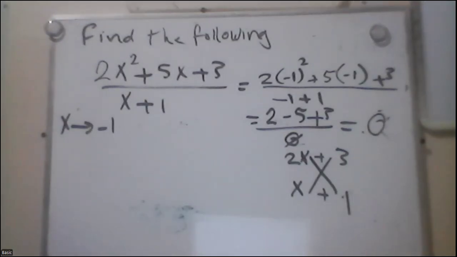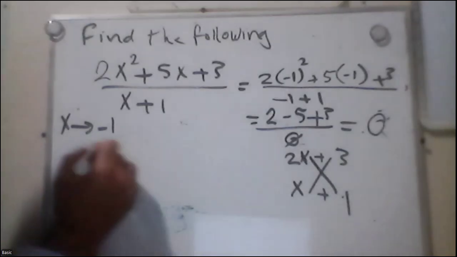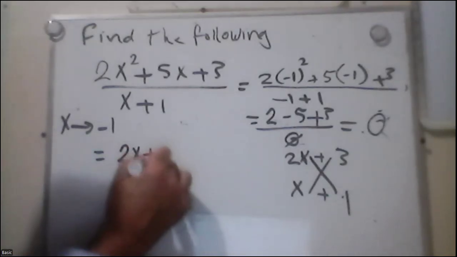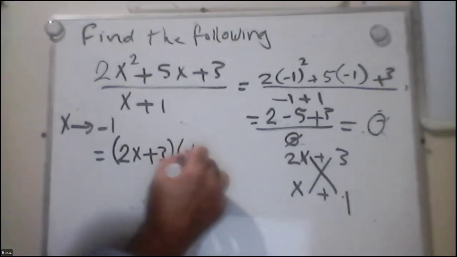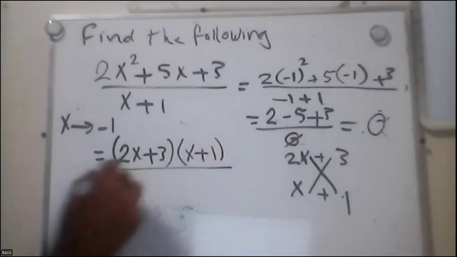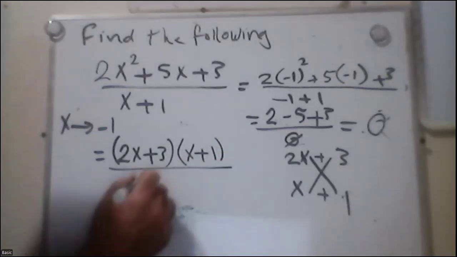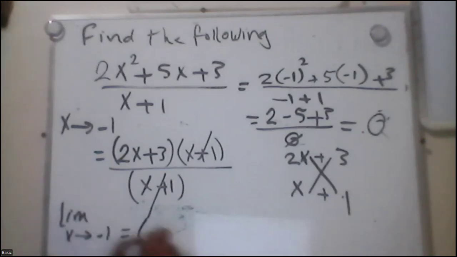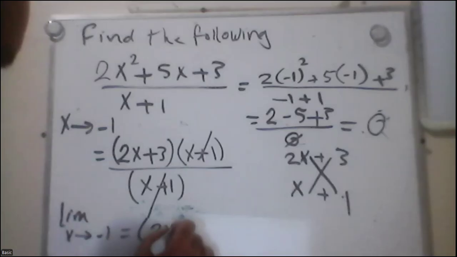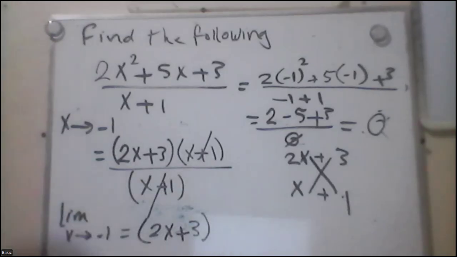So this will equal 2x plus 3 multiplied by x plus 1, and in the denominator there is x plus 1. So this cancels with this, and the remaining will be the limit as x approaches minus 1 of 2x plus 3.